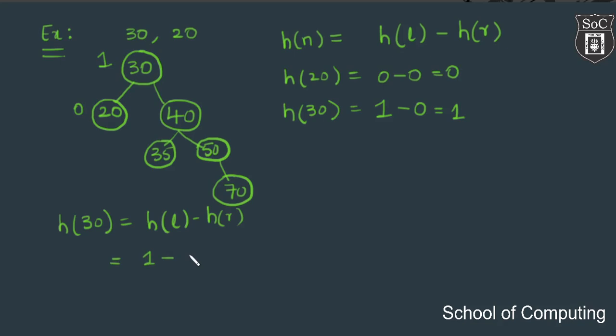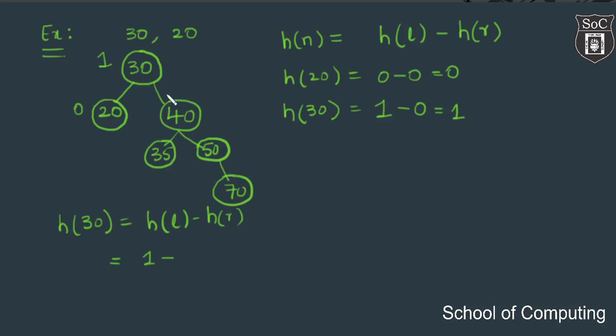Now please observe the right side. From the current node 30, you have to see how many leaf nodes there are. There are 2 leaf nodes. On the left hand side, I had only one leaf node, so I had no confusion. I just saw how many edges there are from 30 to 20. But on the right side, in this example, you have two leaf nodes, 35 and 70.